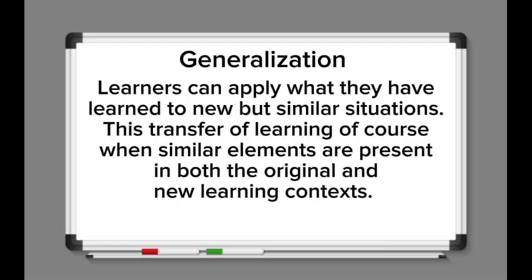And lastly, the law of generalization. So learners can apply what they have learned to new but similar situations. This transfer of learning occurs when similar elements are present in both the original and new learning contexts. So, in generalization, skills should not be taught in one isolated topic but also with other related topics. Say for example, in math, you should not only teach numbers, you should also associate the lesson with a little English, grammar, as in math, we also need to solve word problems.